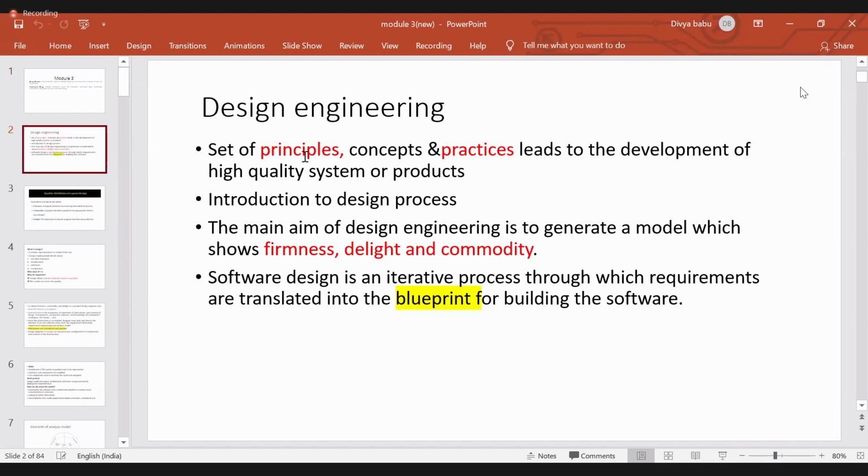So in topic, design engineering. What is design engineering? Anyway, engineering means it contains a set of principles and practices. So anything which is engineering means design concepts. When it comes to design, we are explaining some practices and principles to follow to develop a high quality design. High quality design is good for a high quality product.